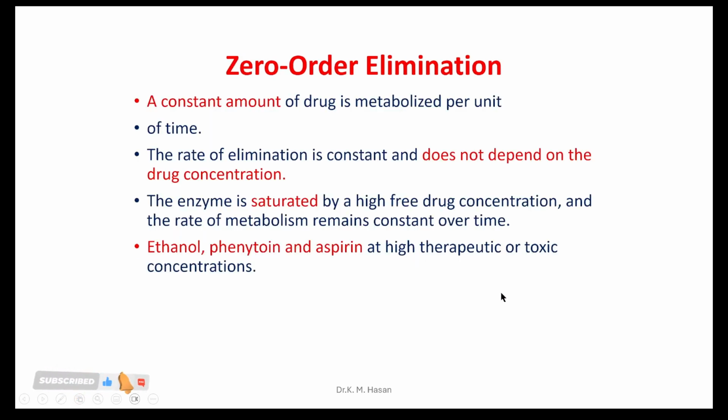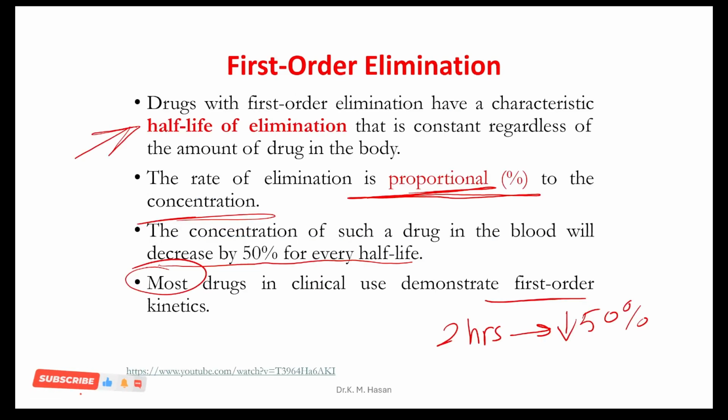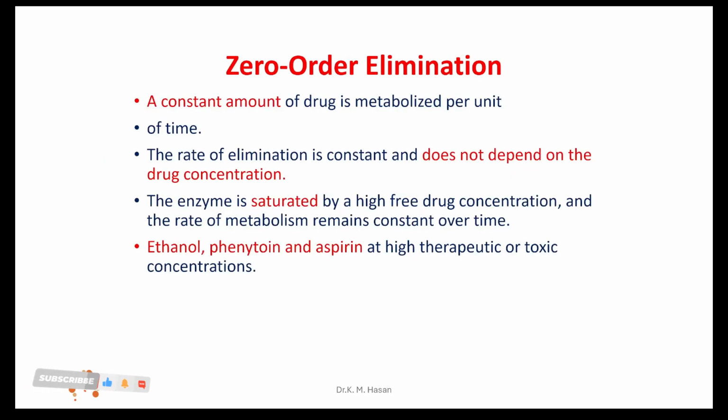Regarding zero order kinetics, if you go back, with first order we have a fixed proportion, a percentage of medication: 50% will be eliminated every half-life. Speaking about zero order elimination, a constant amount is eliminated over a fixed amount of time. For example, aspirin, phenytoin, ethanol.